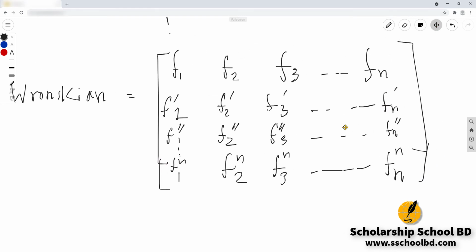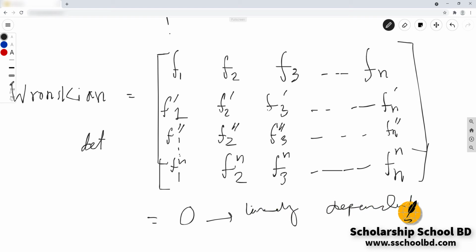If you take the determinant of this entire matrix and, after the computation, you find it is 0, then it would mean the given functions are linearly dependent. And if you find that the determinant of this Wronskian matrix is not equal to 0, then they are basically linearly independent.